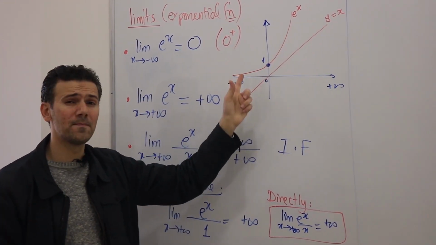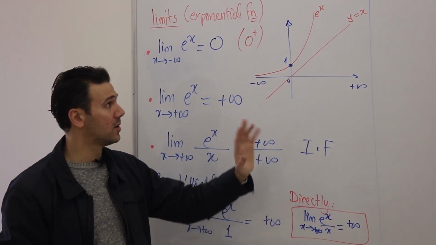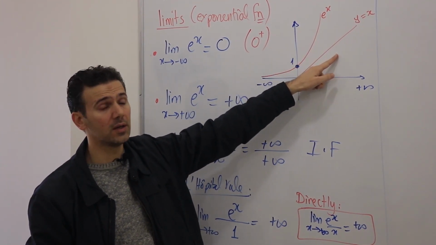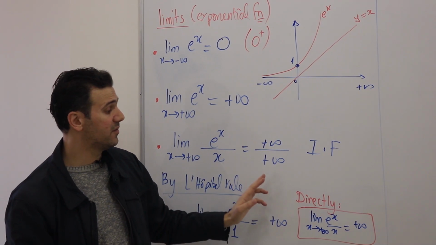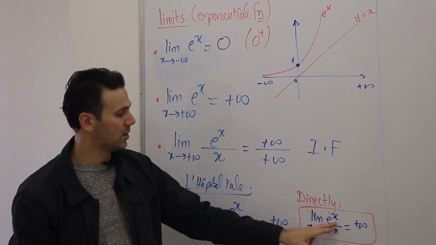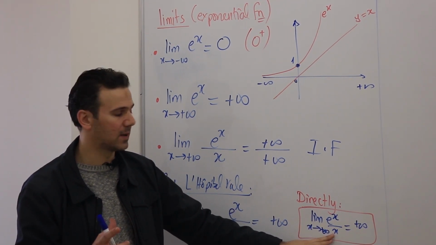Similarly, e^x goes to plus infinity. But one of them, in fact, goes faster than the other. It's clear that e^x goes faster than x. Okay? So, at infinity, somehow we can think about it in this way. This will be plus infinity, and this will be a number now somehow.